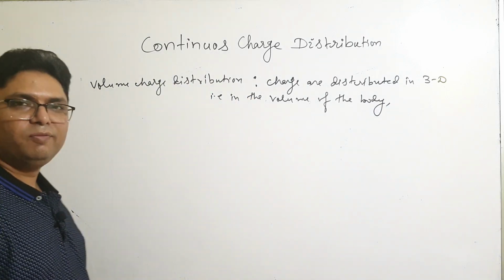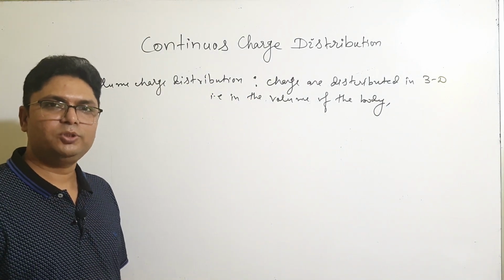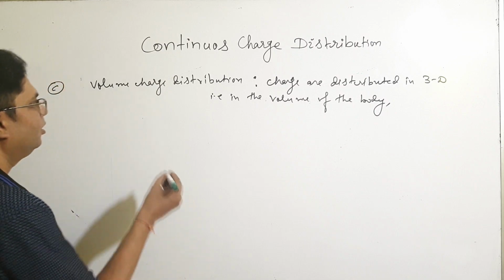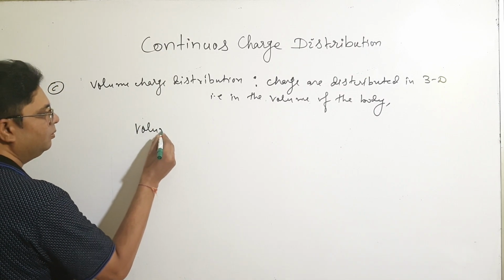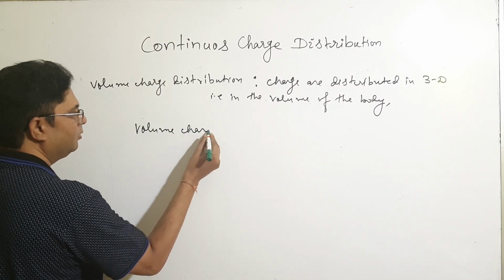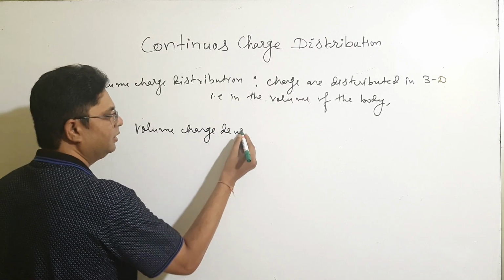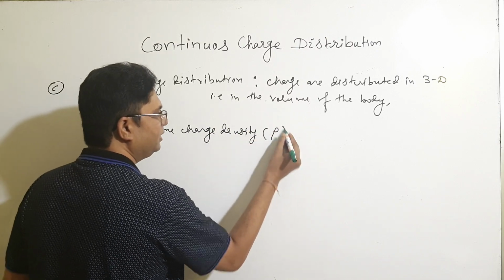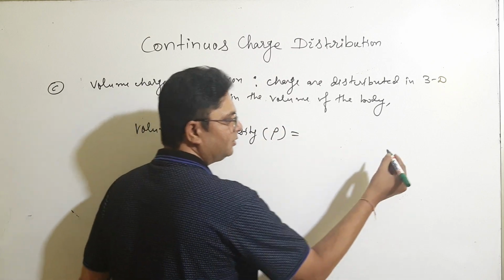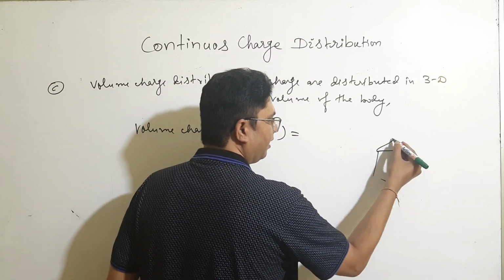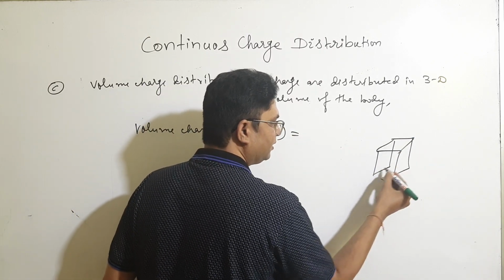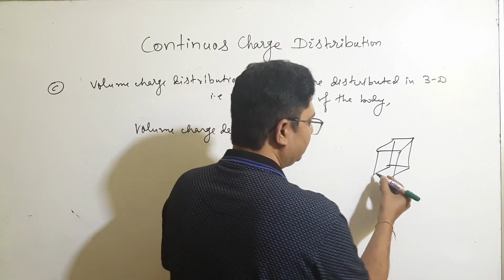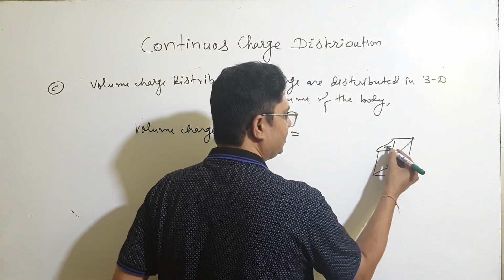Here is a new word for you, volume charge density. Rho is the symbol. To understand this, we require a body having a volume, that is a three-dimensional body, having charge.